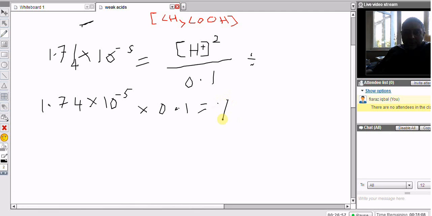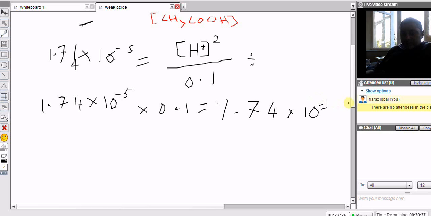Again, this is H plus squared. And if you look up there, you'll see it, H plus squared. So we need to do the opposite of squaring. We need to find out what we've squared to get 1.74 times 10 to the minus 6. So we need to square root it. The computer system's been very slow.